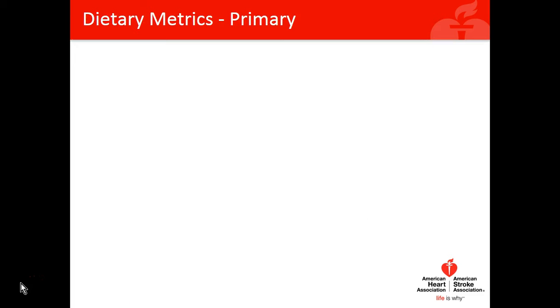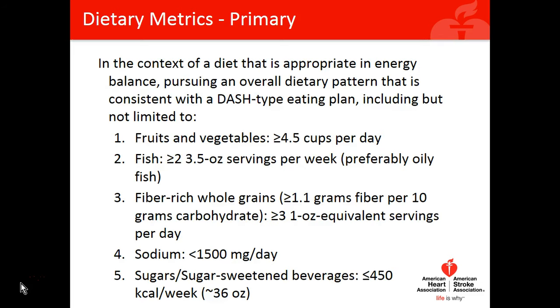So, considering the rationale and the concepts behind selecting the dietary metrics, these are the following dietary metrics that were selected for the healthy diet score component of cardiovascular health. In the context of a diet that's appropriate in energy balance, so energy balance is emphasized, pursuing an overall dietary pattern that is consistent with a DASH-type eating pattern, which is including but not limited to.